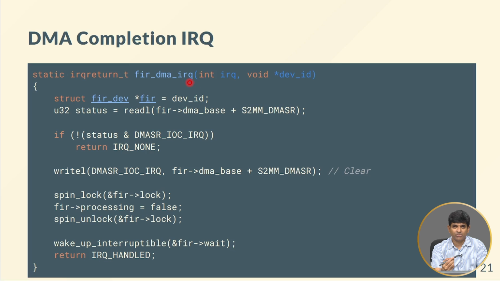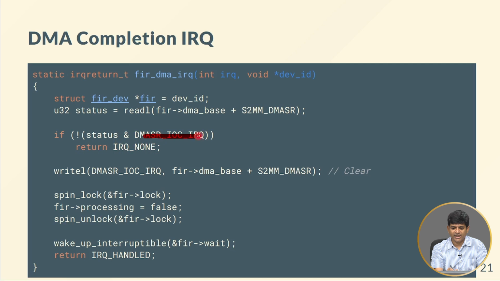I'll have to register it properly in my driver code. What it will do is check the status, and if it is that the S2MM has completed, it will proceed over here. If not, it will just return none.